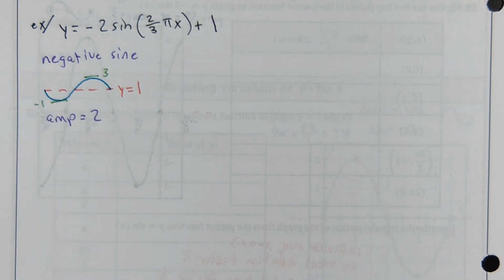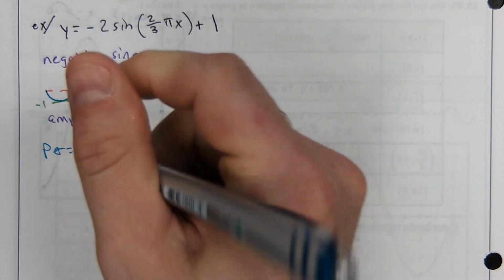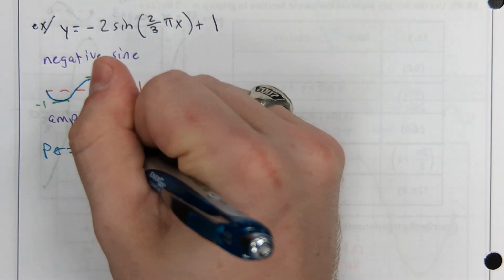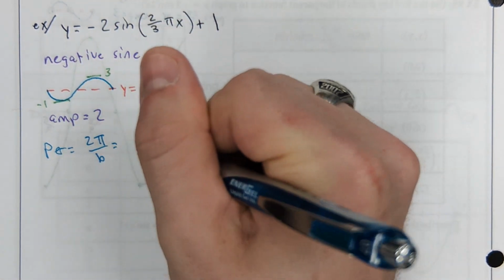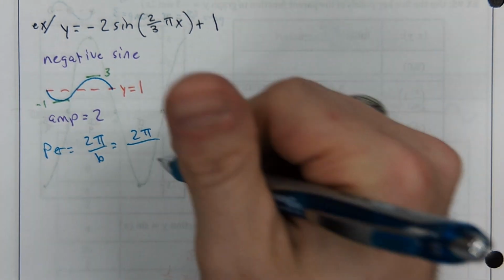Arguably the hardest part. So we're going to have to talk about the period length. 2 pi over b. But our b is a fraction. It's 2 pi over 3.